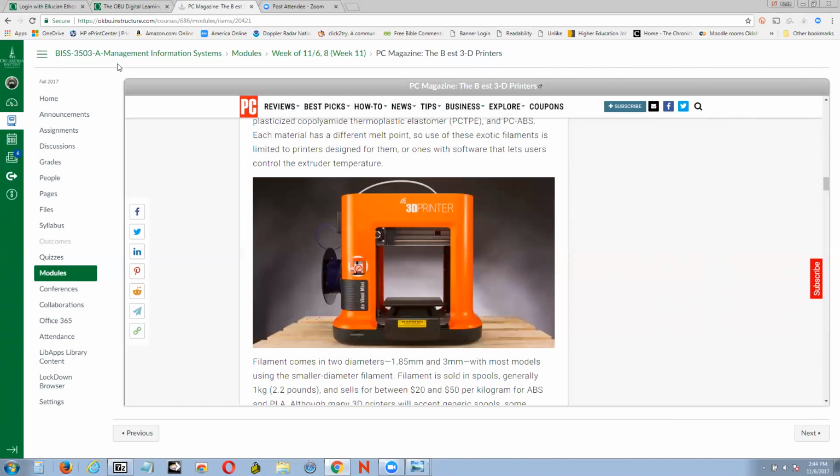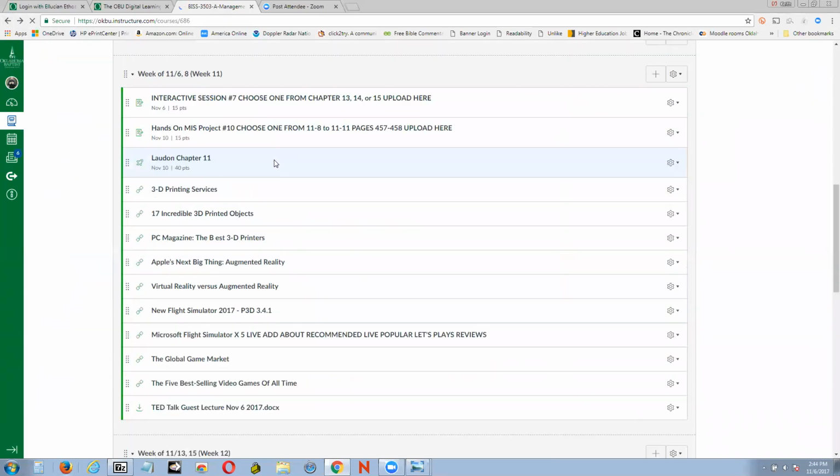So this business of making things is changing, primarily because these 3D printers are really going to change things. Think about what it will do to the cost of fixing your vehicle.